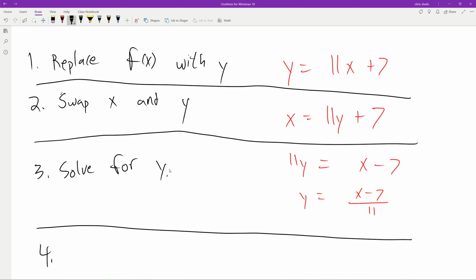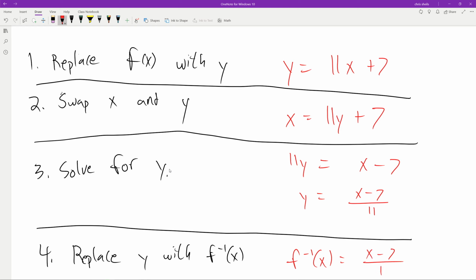And step 4 is replace y with f inverse of x. Just rewrite this, but replacing y with f inverse of x. So this says f inverse of x is equal to (x minus 7) over 11.